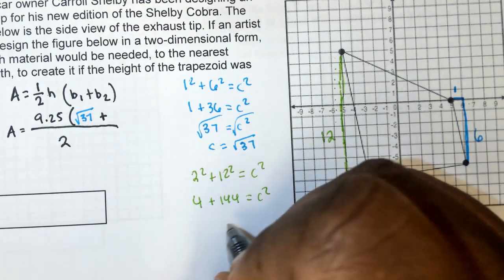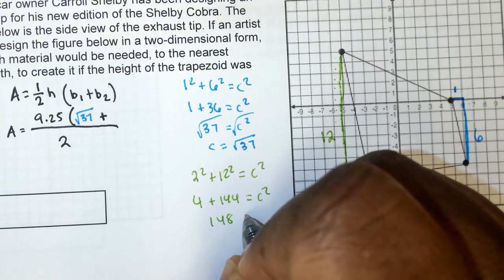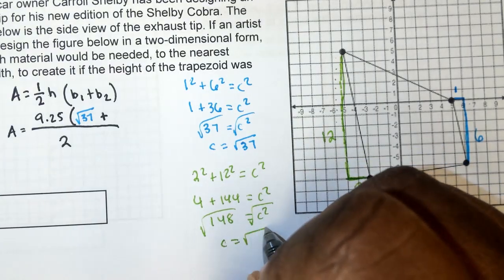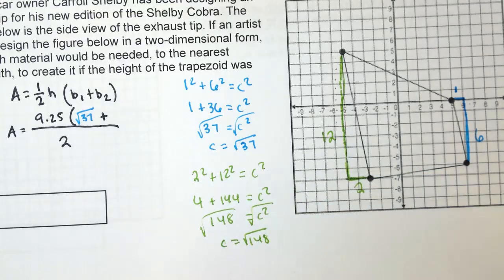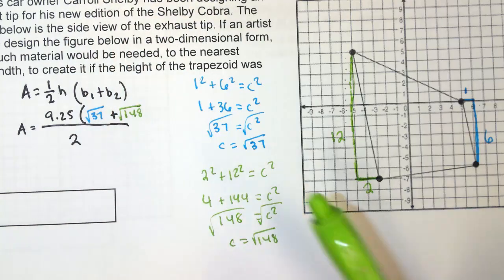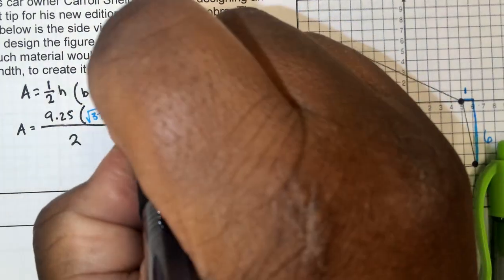Add those together, 148 equals c squared. Square root of 148 is going to be a decimal too, so we're going to leave that as is. I'm going to just put that as my base 2. Square root 148. There we go.